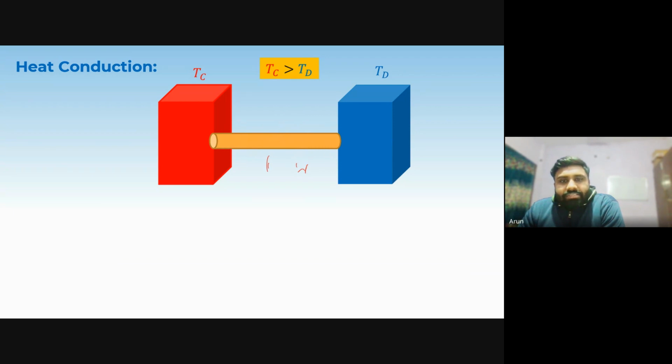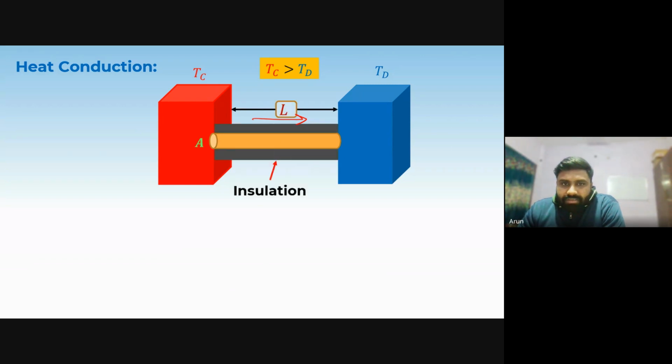now, if this body is at higher temperature and this one is at lower temperature, heat will definitely transfer from higher temperature to lower temperature. The length of this is L and there is insulation here.